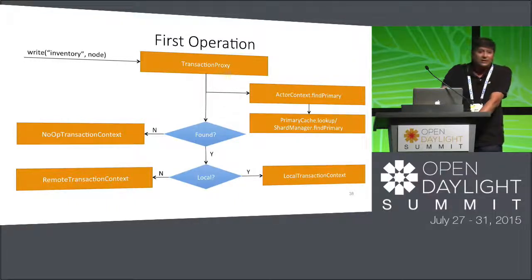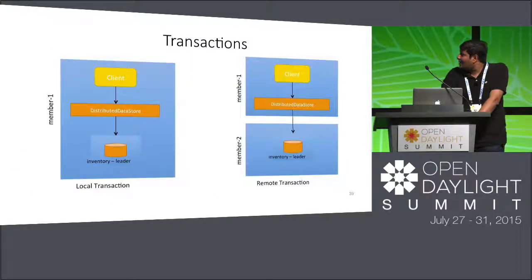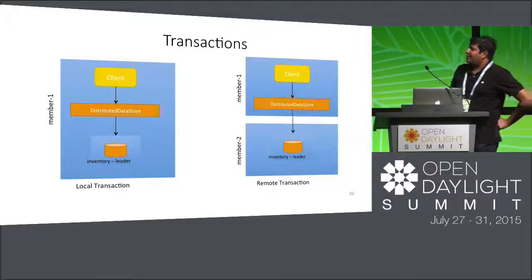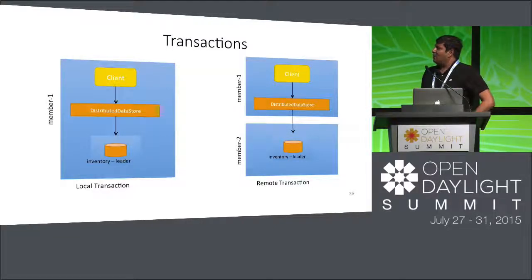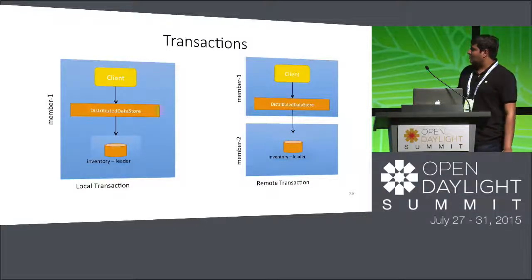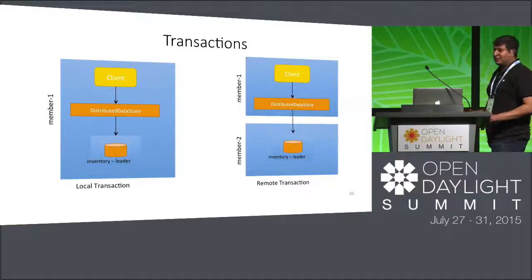Otherwise, we create a local transaction context. These are names of classes that you can look up. So what is a local transaction? If you have a client which is located on the same node as the inventory leader, then you have a local transaction. If you have a client which is remote to your inventory leader, you have a remote transaction. That's basically the distinction between the two.